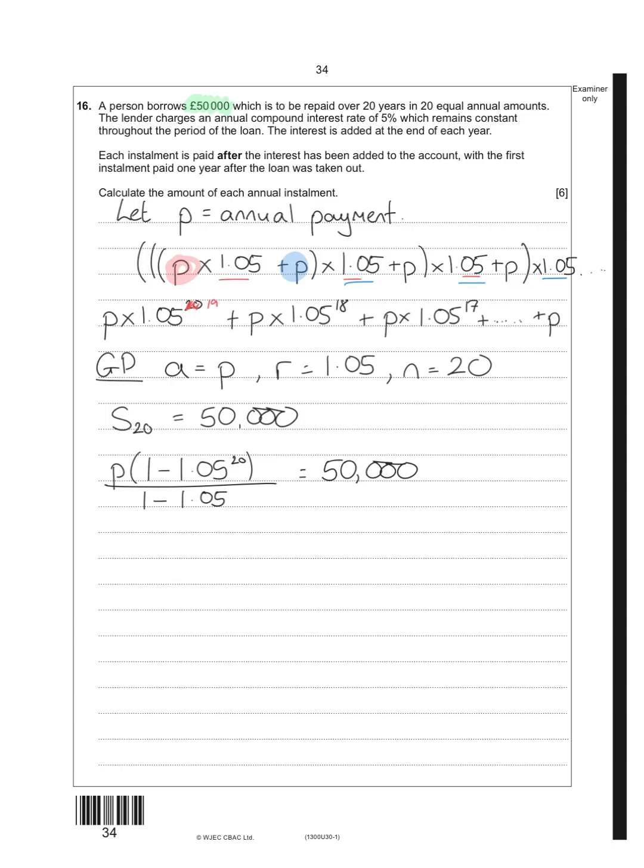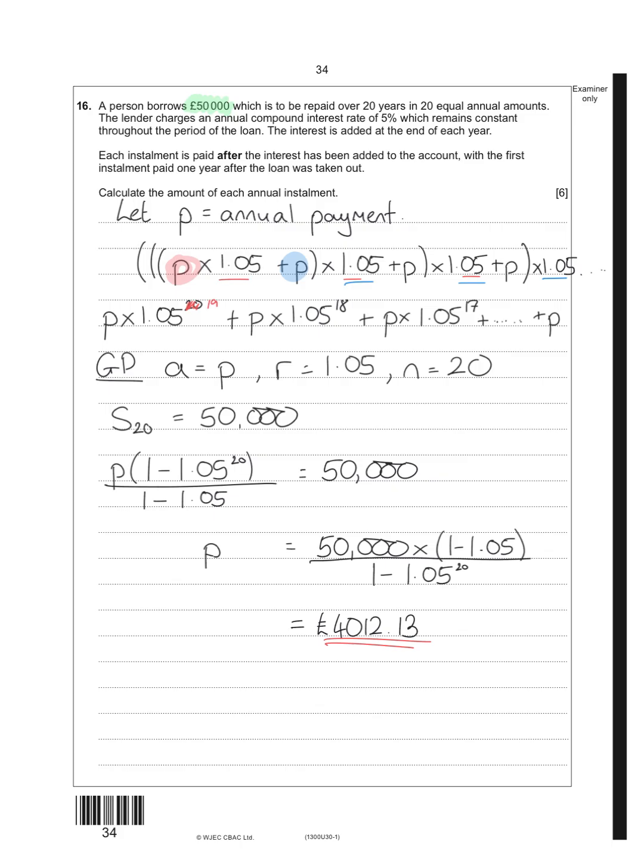So P is equal to 50,000 times (1 minus 1.05), and yes, I know we could work that out if we wanted to, over (1 minus 1.05 to the power of 20). And if you put all of that into your calculator, you should get that the annual payment needed is £4,012.13.